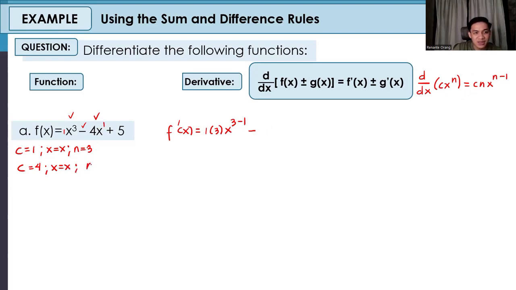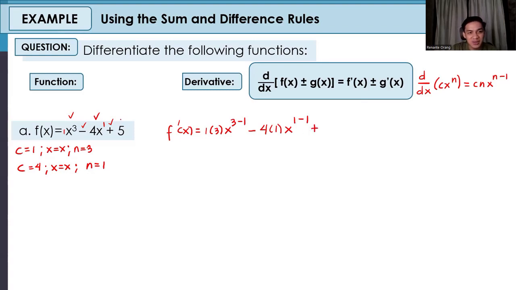So, therefore, N is equivalent to 1. Proceed po tayo. Constant natin is 4. N natin is 1. X natin is X. Then, N natin ulit is 1 minus 1. Tapos, copy natin yung ating sign convention plus.